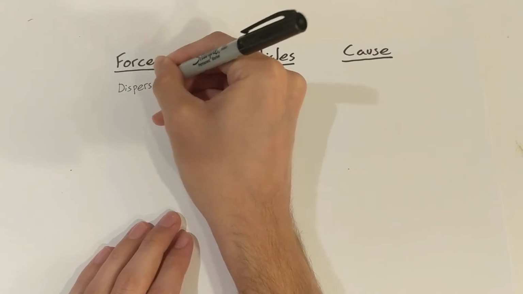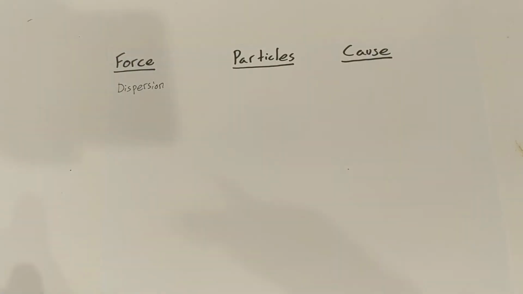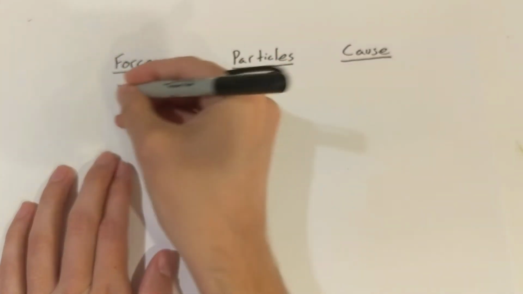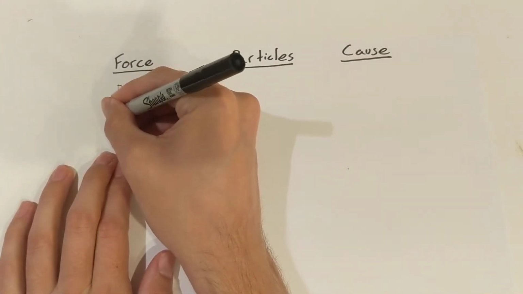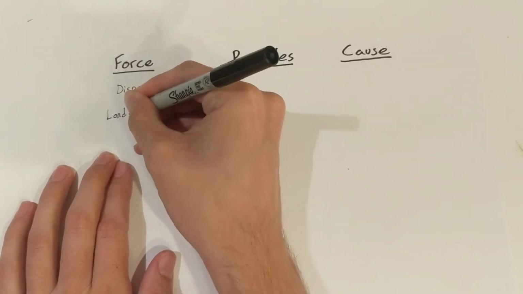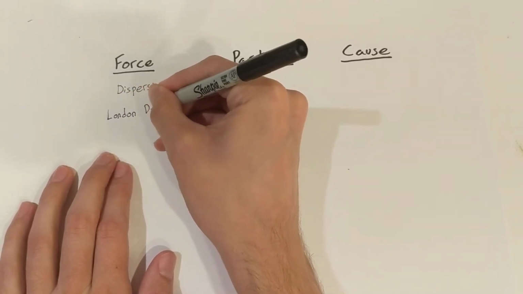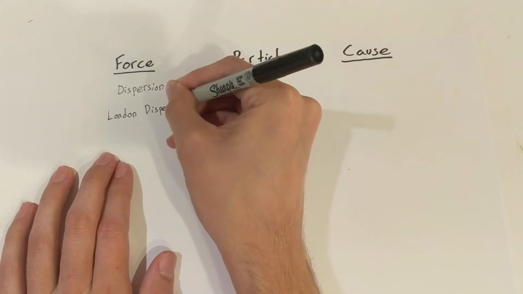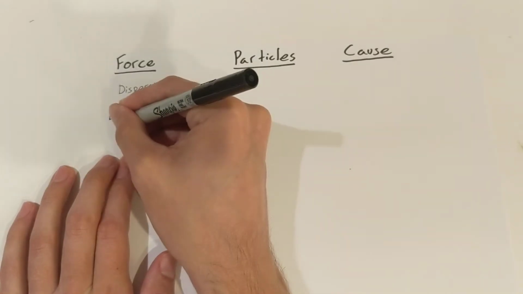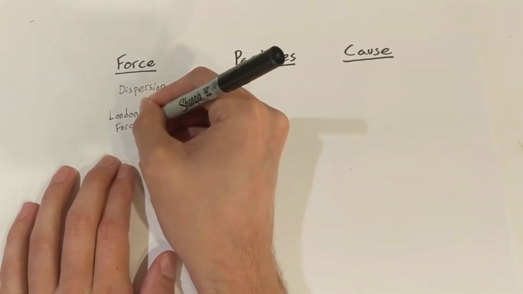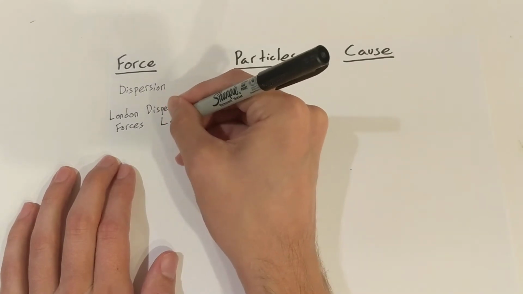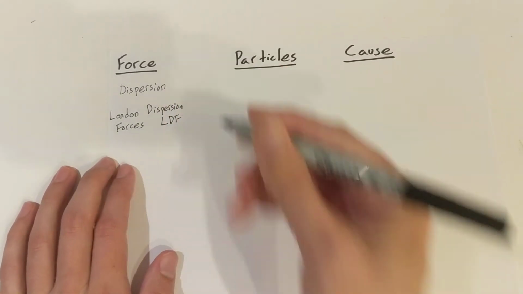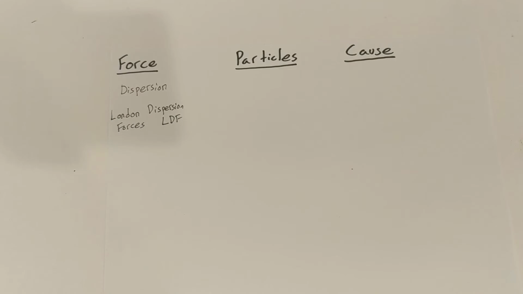So I'm going to write dispersion here. I'm also going to write down another term it goes by. It's a little bit less common, but you will most likely see it at some point in this class. London Dispersion Forces, also called LDF. So these are just dispersion forces.